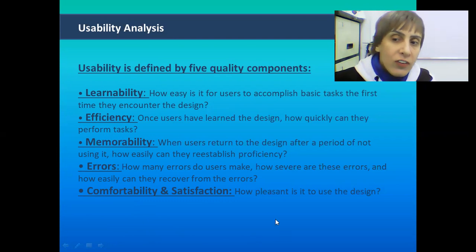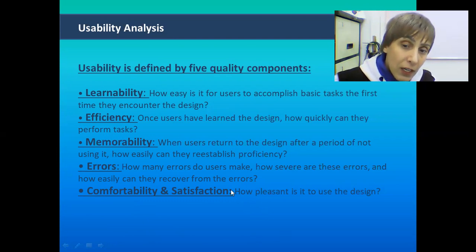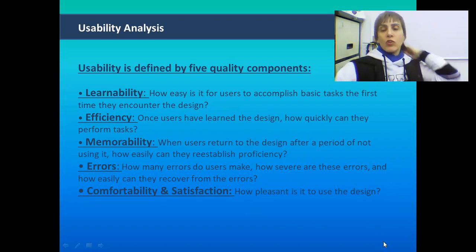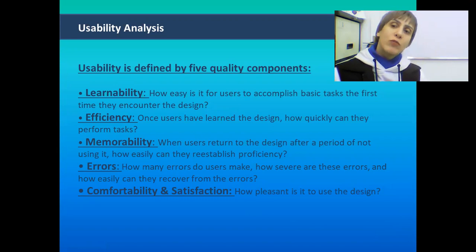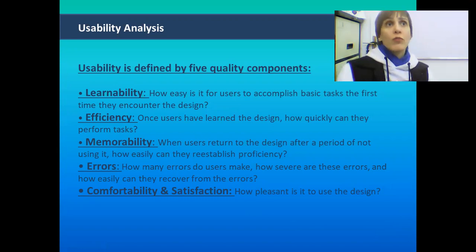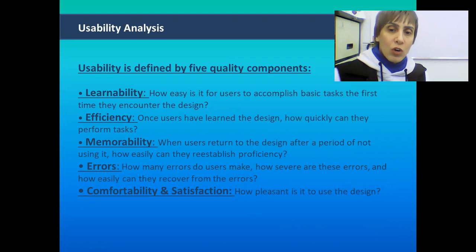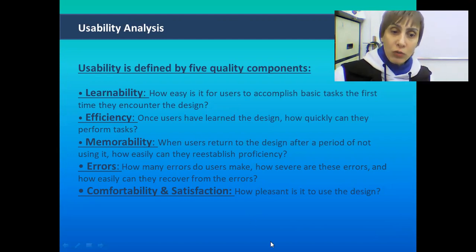Comfortability and satisfaction, meaning how pleasant it is to use the design. So when you're using this design, are you happy? Are you comfortable while using it? How comfortable, how happy are you? All of these things you also need to decide. This is a very important part of usability.